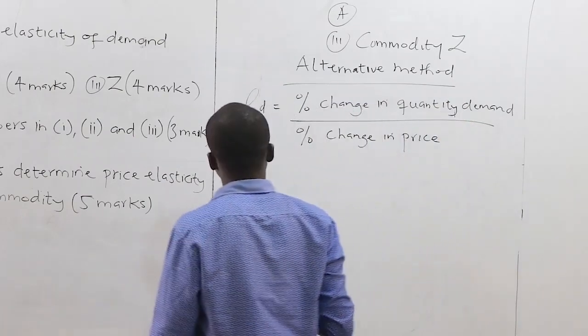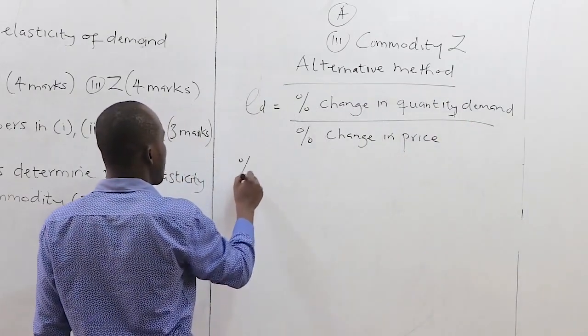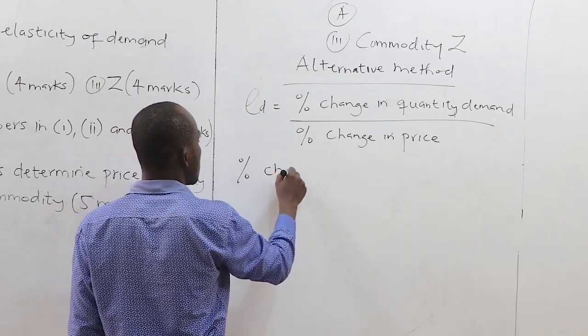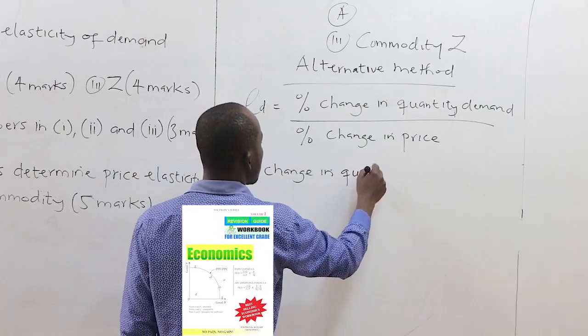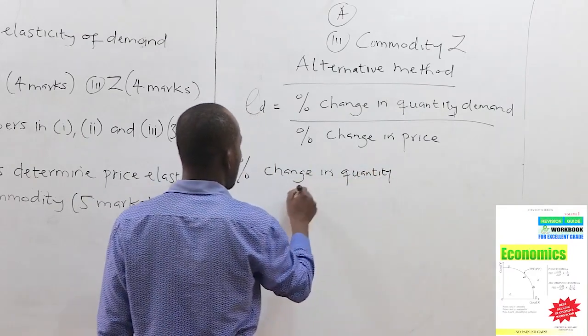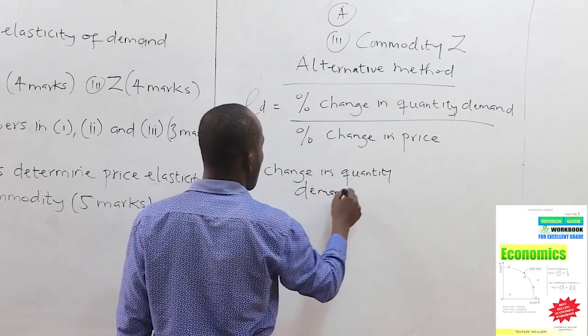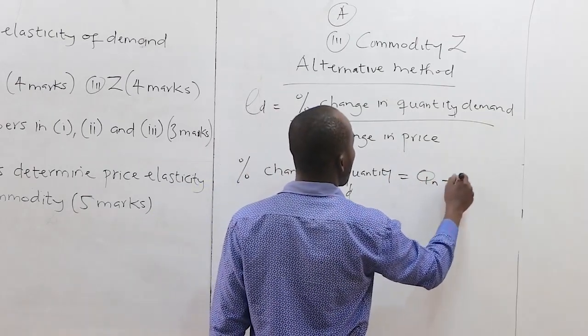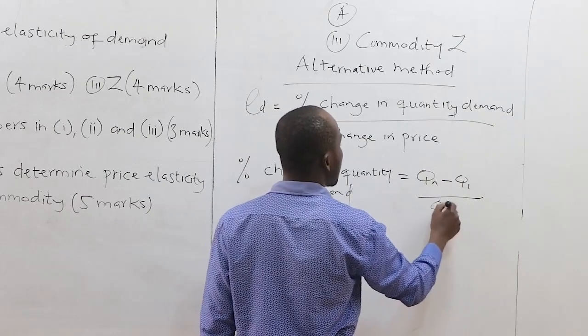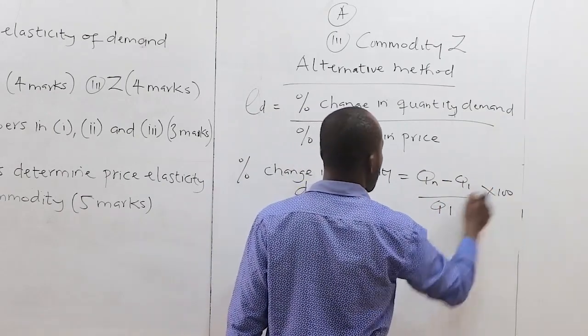So percentage change in quantity demand, as we know already, is the new demand minus the initial demand divided by initial demand times 100.